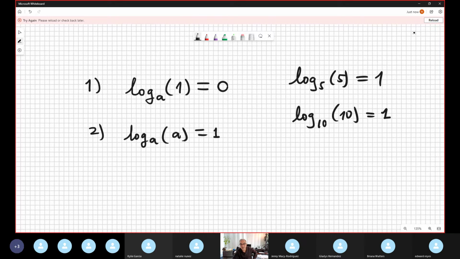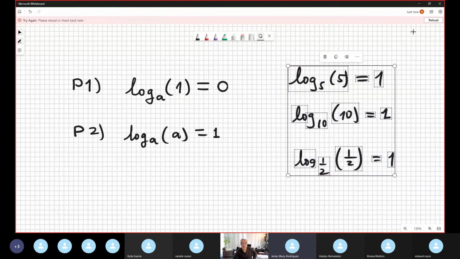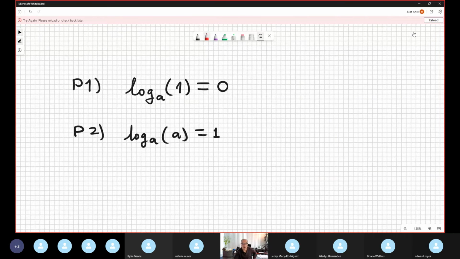When the number and the base coincide, the number inside the parenthesis is 1. It's obvious, right? Logarithm base 1/2 of 1/2 is 1. This is property number 2. Clear? Yes.